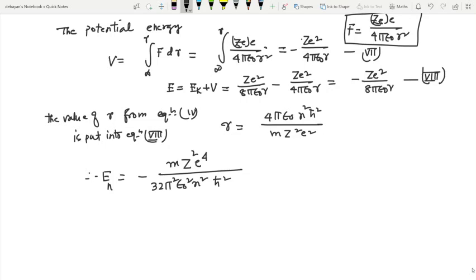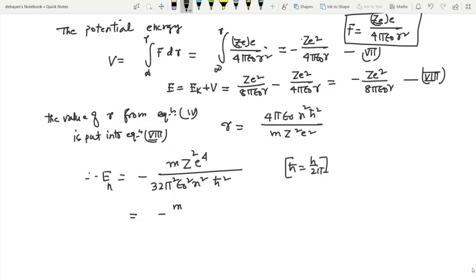Now if we put this in, it can be written as m e⁴ / (8 ε₀² h²).